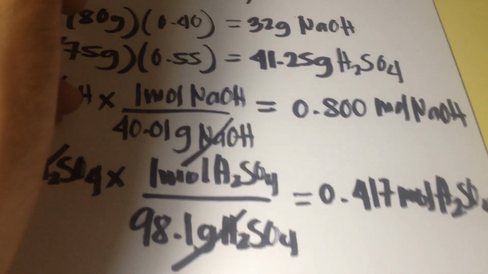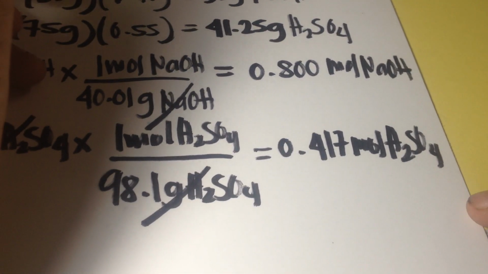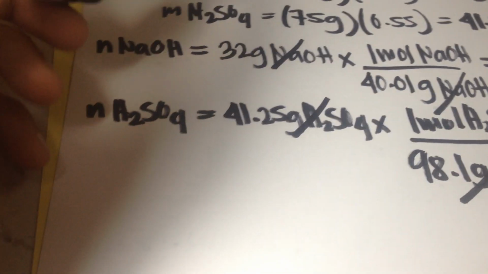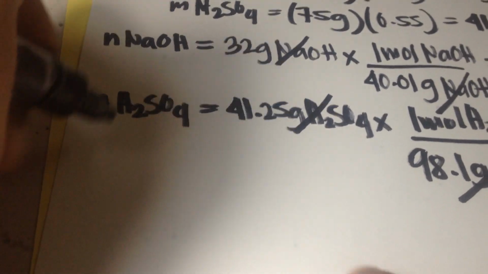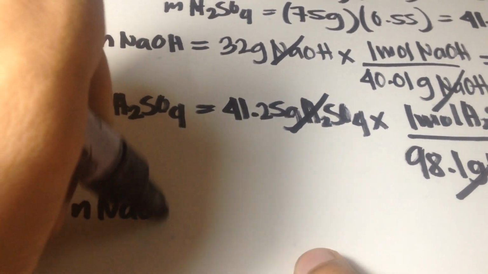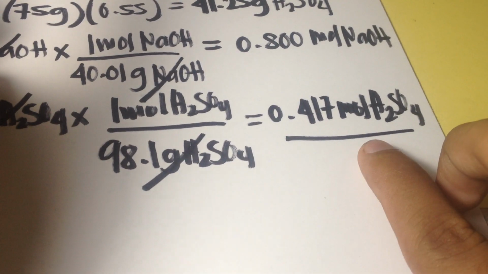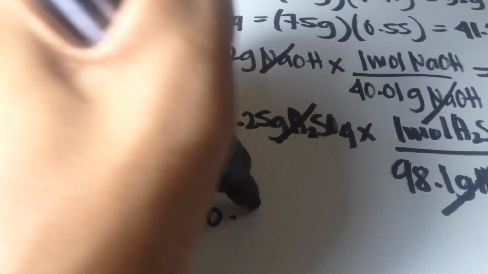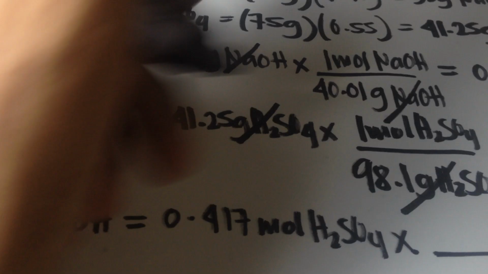Okay? After that, which is the smaller number? The smaller value here is sulfuric acid. So convert sulfuric acid to the moles of sodium hydroxide. So 0.417 moles of sulfuric acid times the ratio.